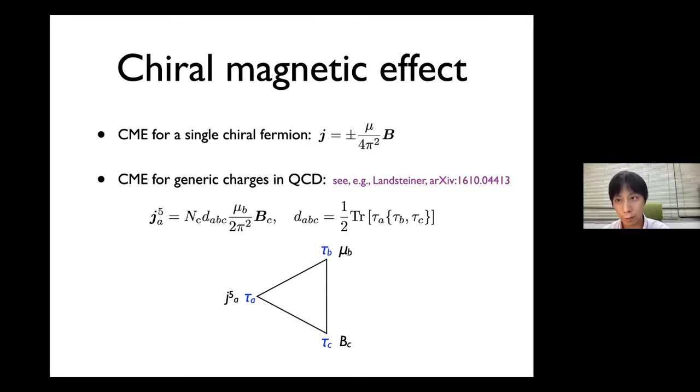So this is just an algebraic factor associated with generic generators tau A, tau B, and tau C.